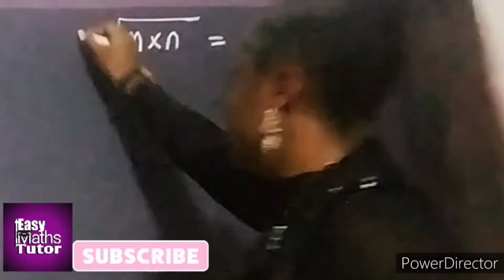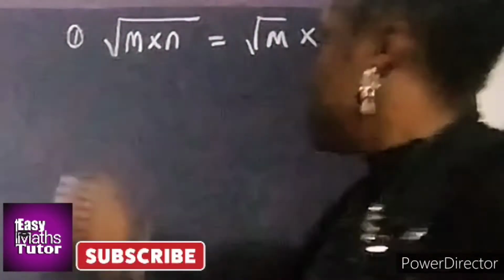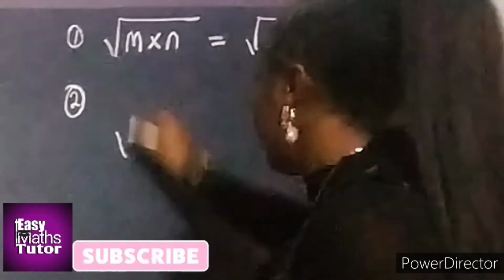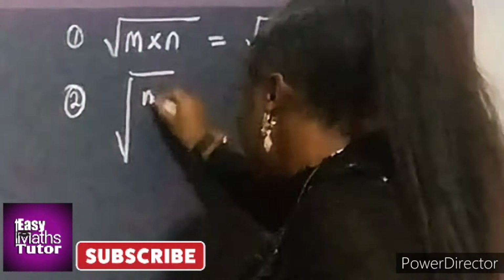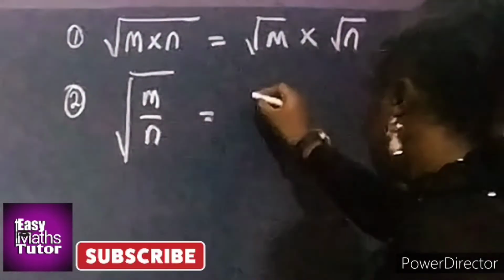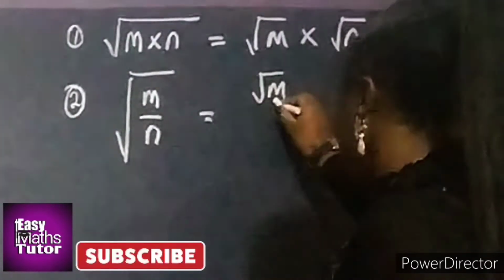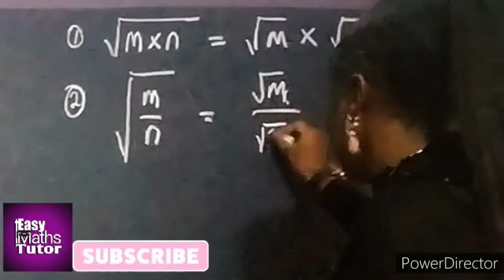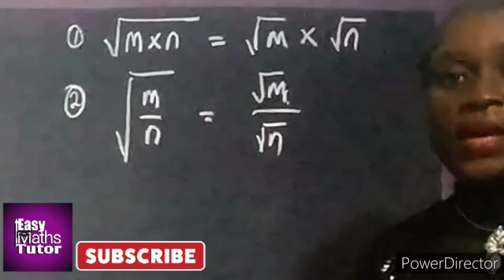Alright, that's the first rule. That's rule number 1. While rule number 2, if you have a division of 2 surdic numbers, it will be the same thing as the square root of m over n.